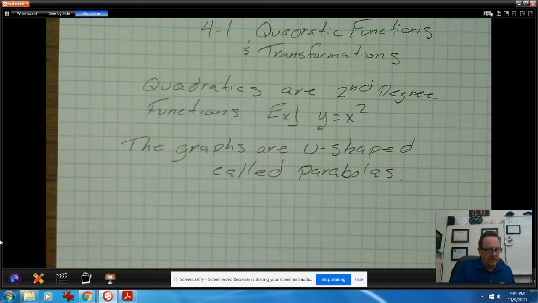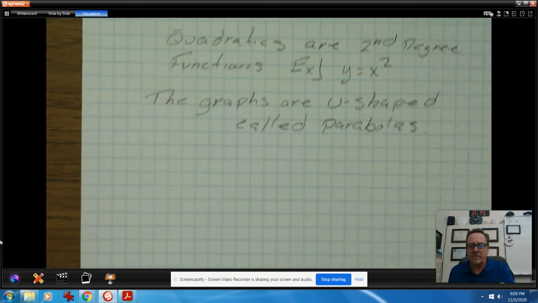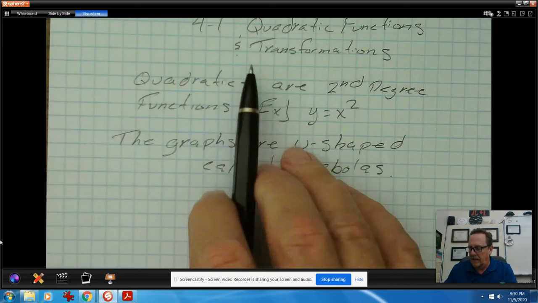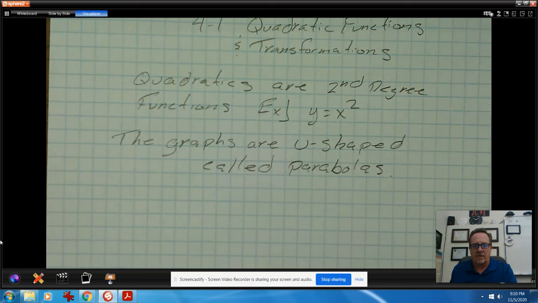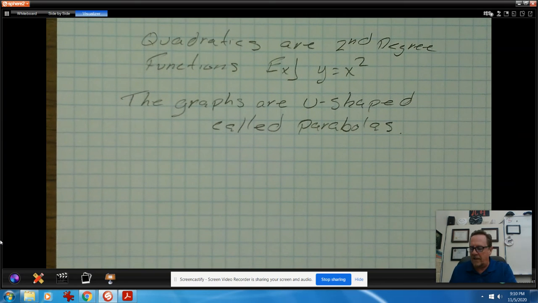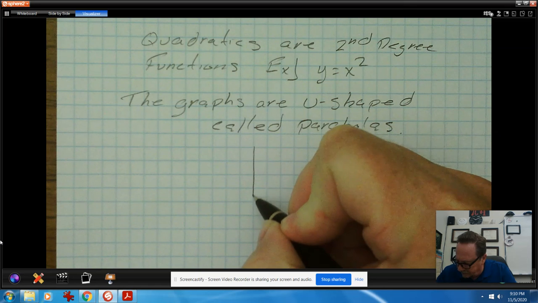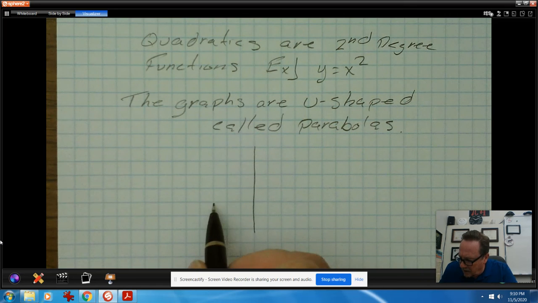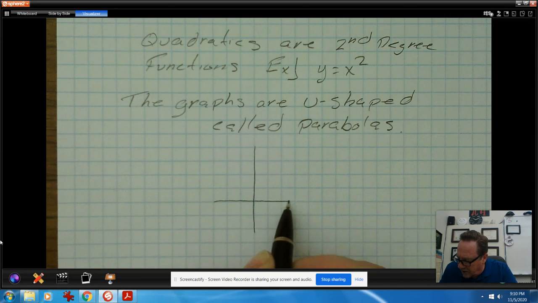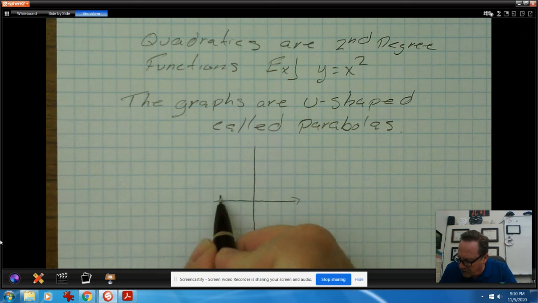So let's talk about transformations. Transformations are moving these U-shaped things around. Let me draw a coordinate system real quick.